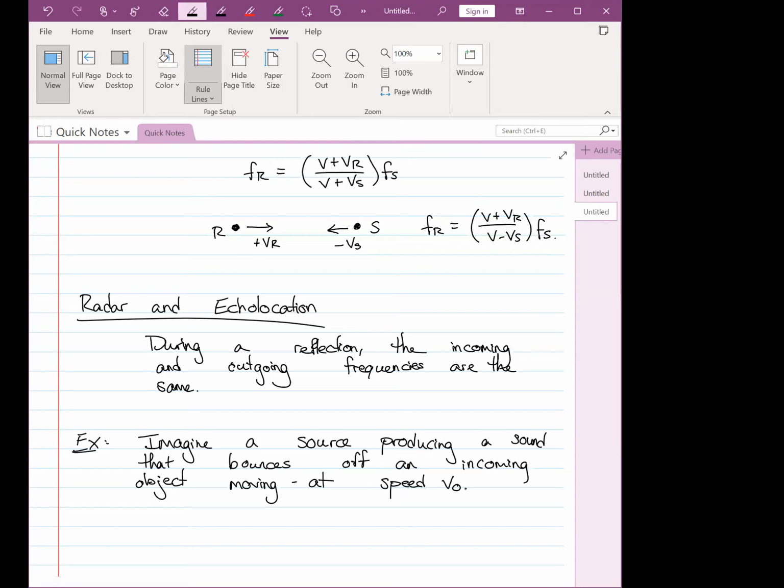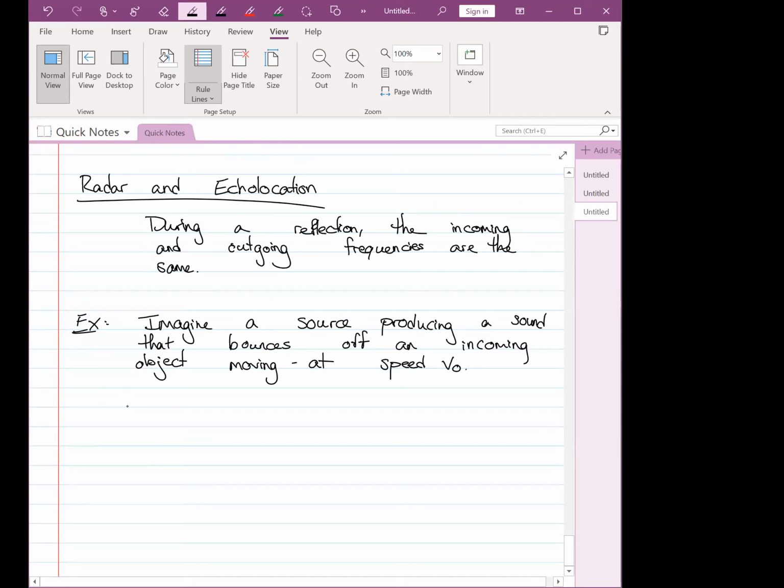And so from the object's perspective, the frequency of the wave will be different than what the source emitted at. Well, we can go consult our formula, but the object, in this case playing the role of the receiver, will detect a frequency that corresponds to the Doppler effect when the source is stationary and the object is moving.